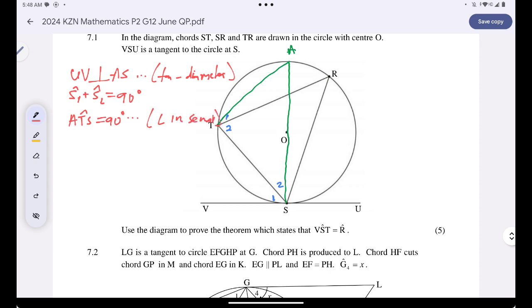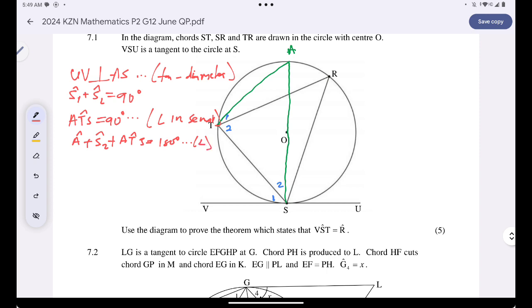Angle in a semicircle. So I can therefore conclude that angle A plus angle S2 plus angle ATS are all equal to 180, sum of angles of a triangle.